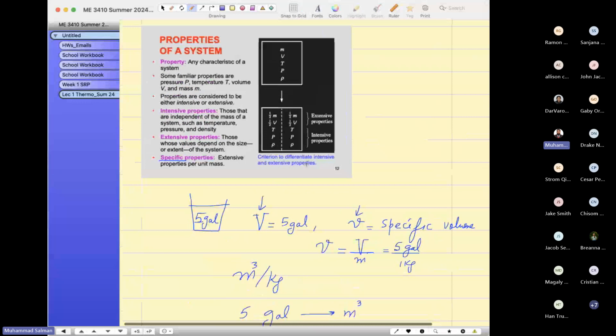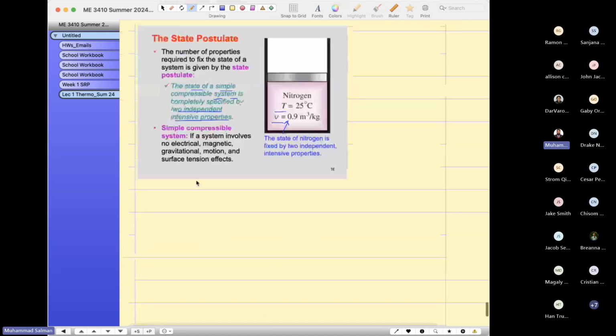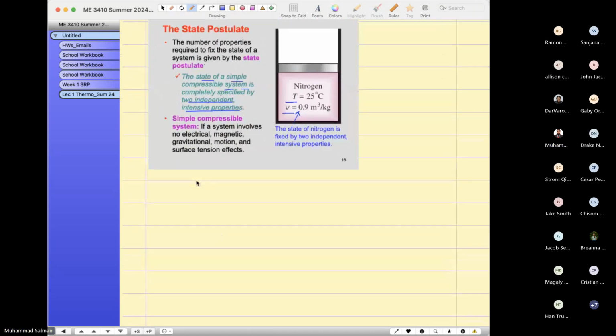Let me show you what it means. Volume itself depends upon the mass, so over here it is the extensive property. But when you specify the volume with a certain mass, then it becomes a specific property, which is also a kind of intensive property.